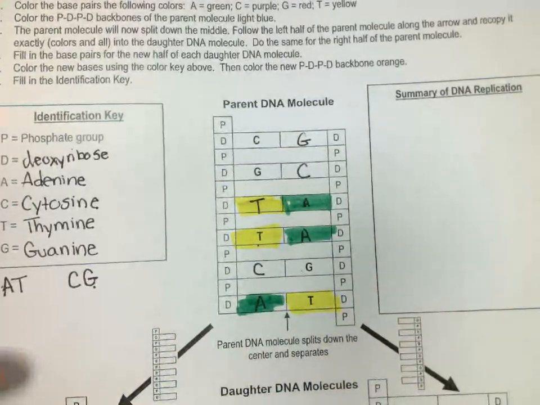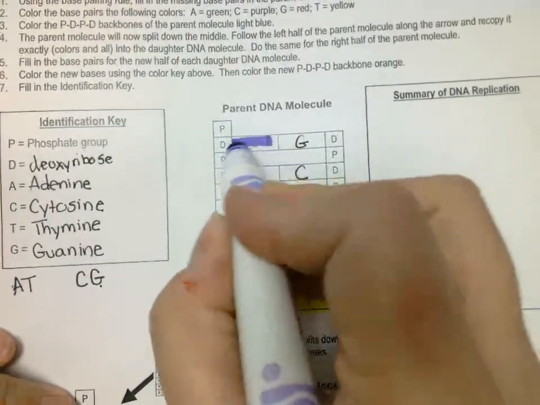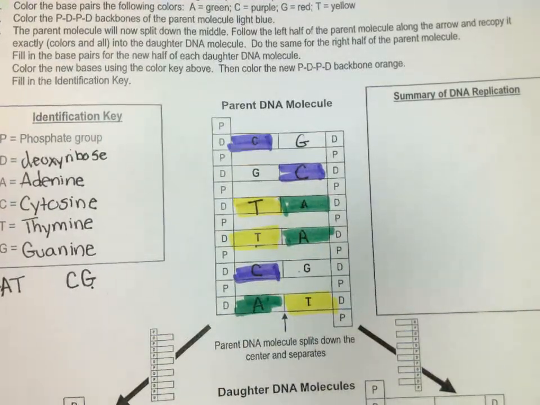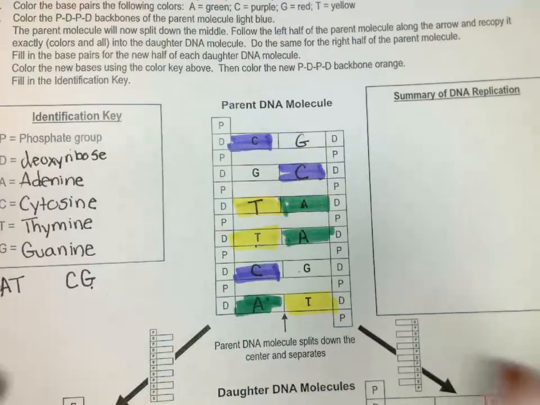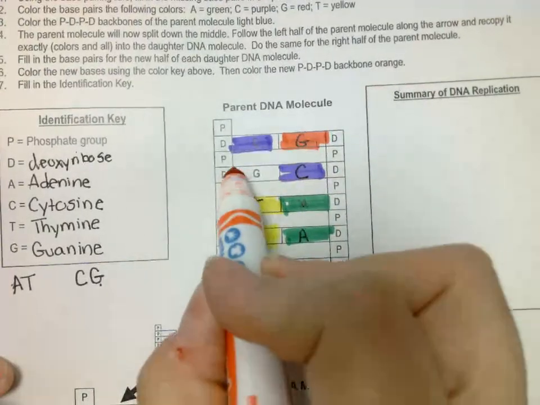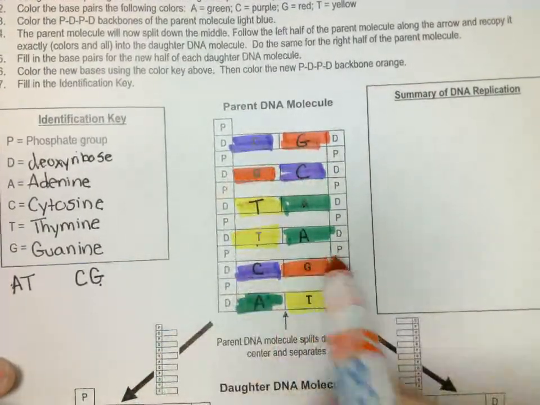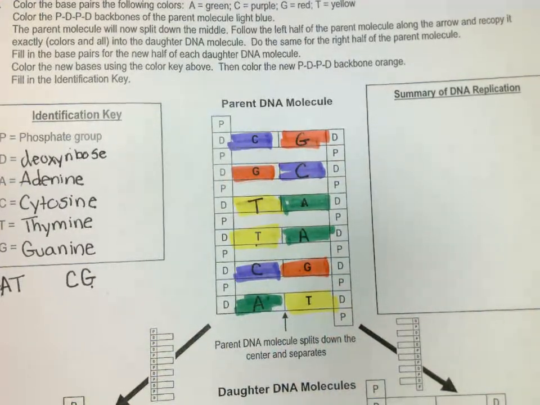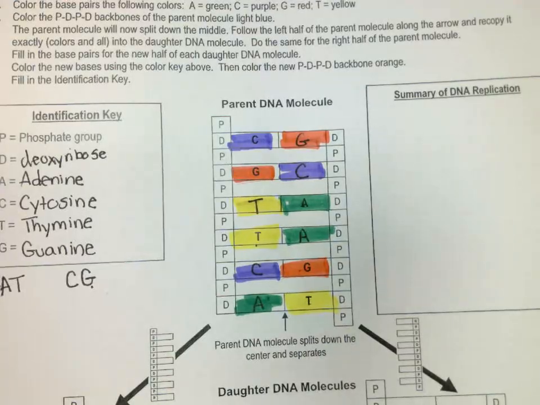I'm going to color every cytosine purple, and every guanine red. Your guanines should be next to your cytosines. So purple and red will be next to each other, and green and yellow will be next to each other if you did this right.